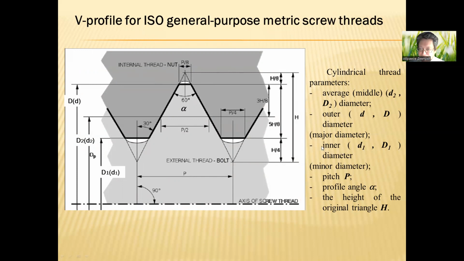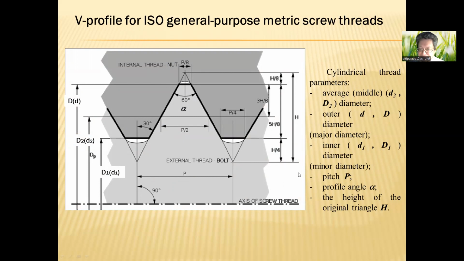The outer diameter is the major diameter. And the third diameter is the inner diameter of the thread, D suffix 1. Big D is for the internal thread, for the nut, and small d we use for the external thread, for the bolt.